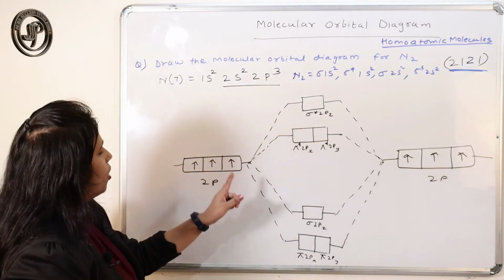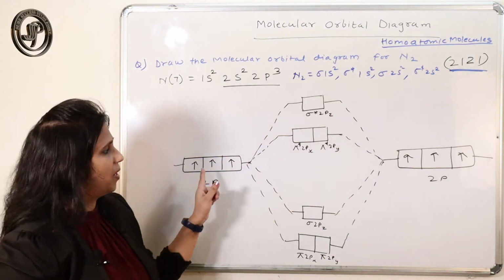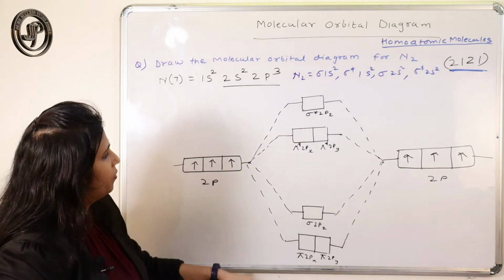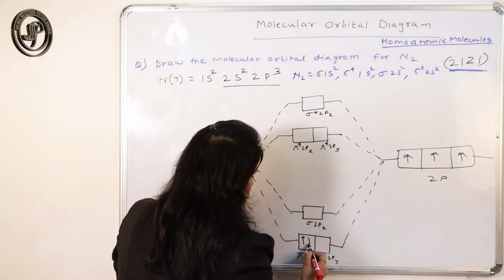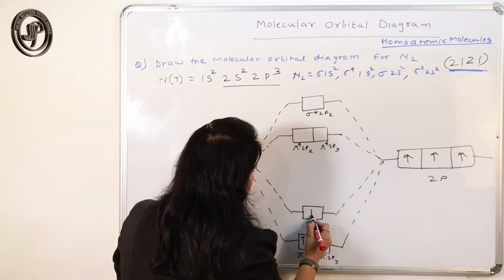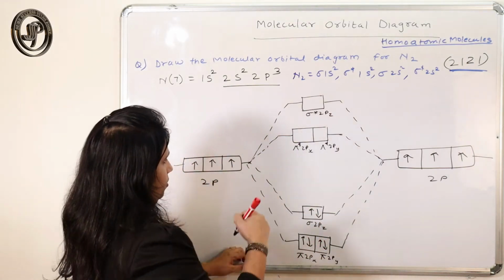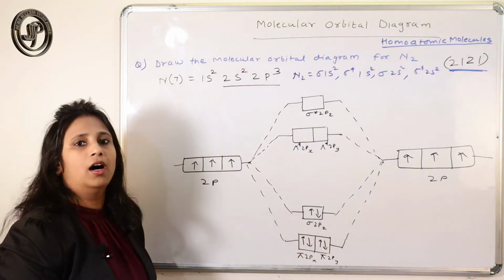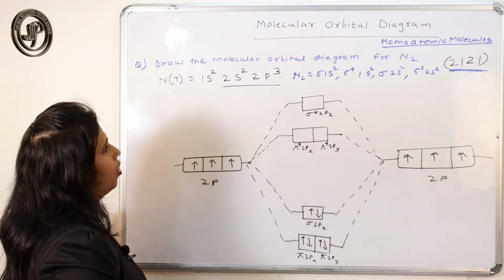Okay. Now total 6 electrons हैं हमारे atomic orbital में. So when they fill, 1, 2, 3, 4, 5, 6. Nothing is in the anti-bonding orbital.